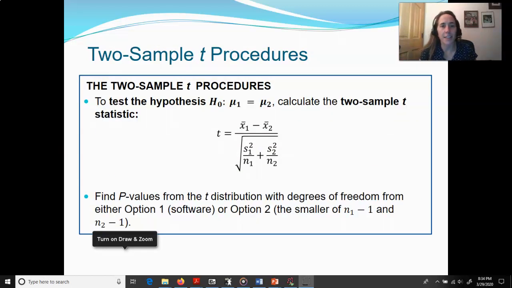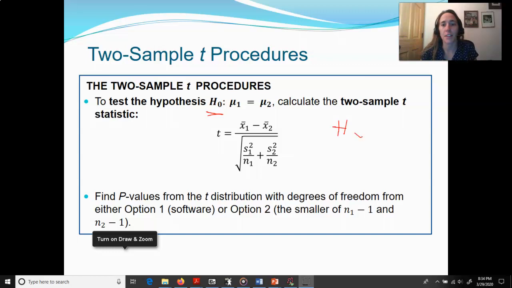So when you are testing a hypothesis, whereas we had the matched pairs where mu was equal to 0, now your H0 is going to assume that the two means are equal. The population means, there's no difference between them. But what we often think is that there is a difference. Which one is the more effective treatment, for instance? So that's what you're going to have for your alternative hypothesis.